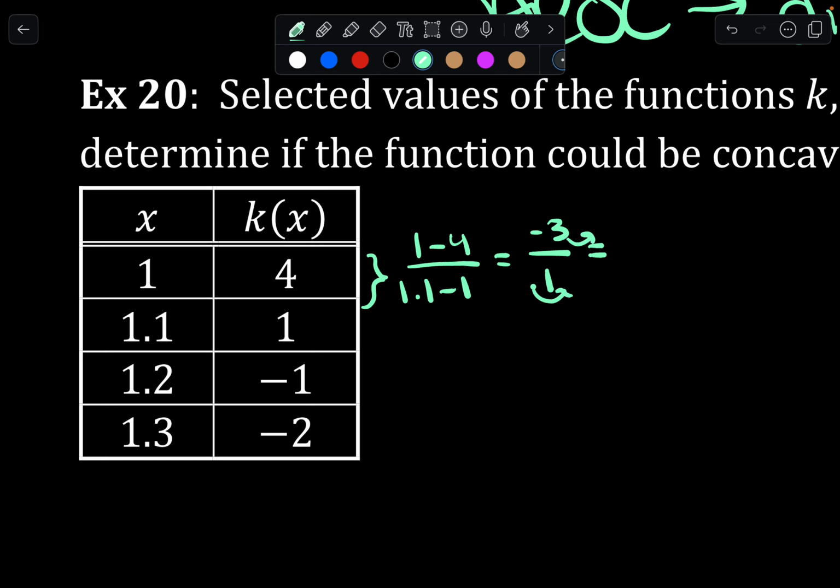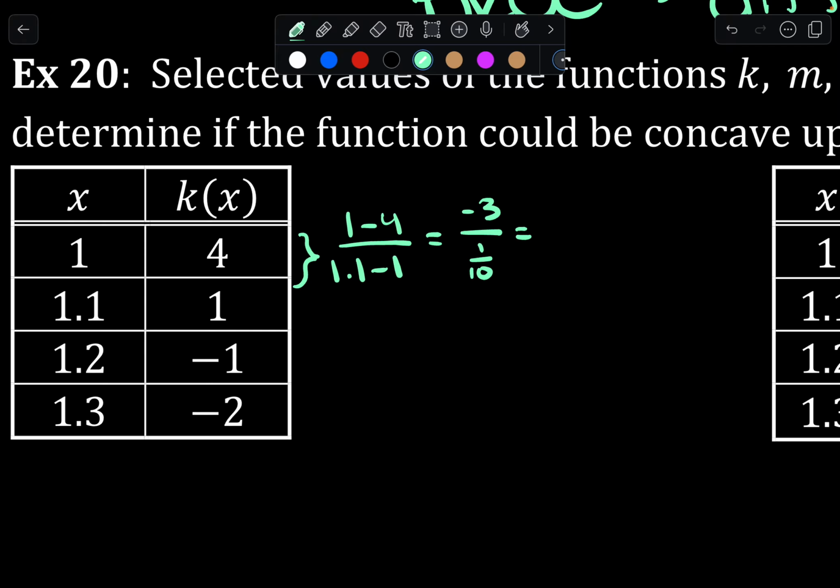Or you can think of it as fractions. 0.1 is the same as 1/10. Okay, and I think you guys learned a phrase, keep change flip. You're going to multiply with the reciprocal of the denominator. So -3 times 10 over 1, that also gives you -30, okay?